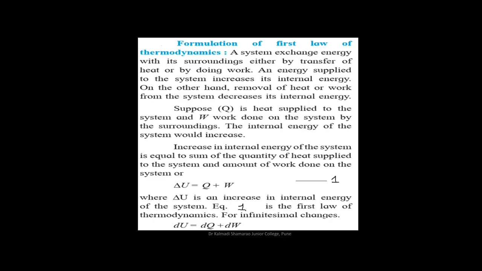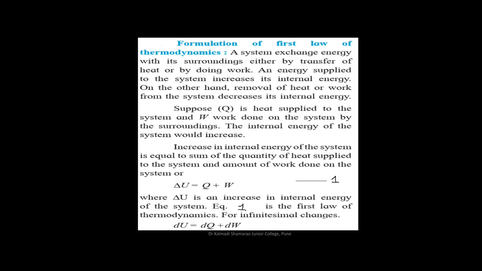Supposing Q is the heat supplied and work is done from the surroundings, internal energy of the system will also increase. The increase in the internal energy of the system is equal to the sum of the quantity of heat supplied to the system and the amount of work done on the system.